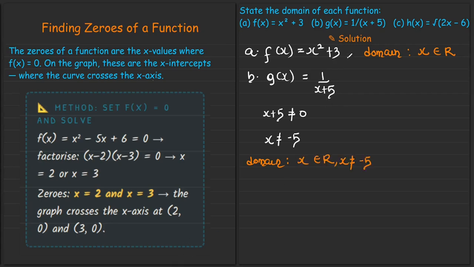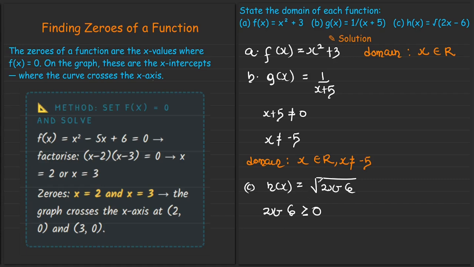So our last question, that is c. It says h of x is equal to the square root of 2x minus 6. Now we know for a square root, it is undefined if the expression inside the radical is less than 0. So the domain of this would be any set of values that would make what we have here, that is 2x minus 6, greater than or equal to 0.